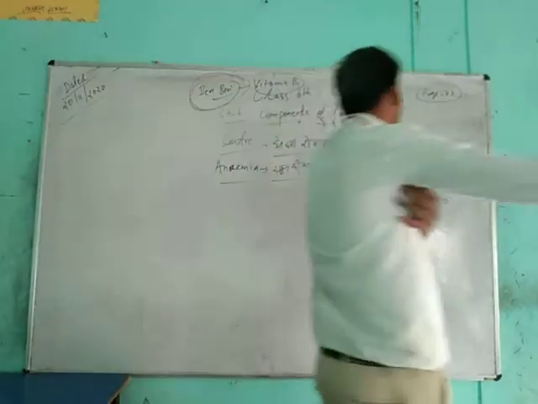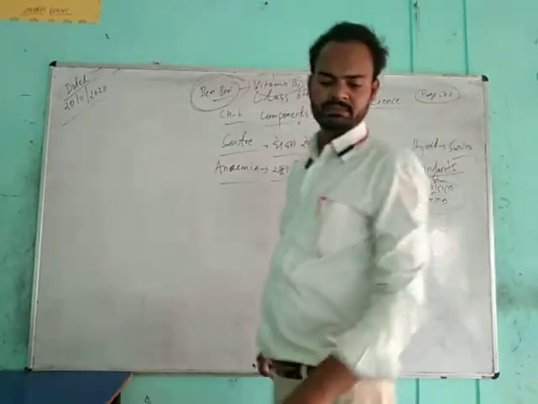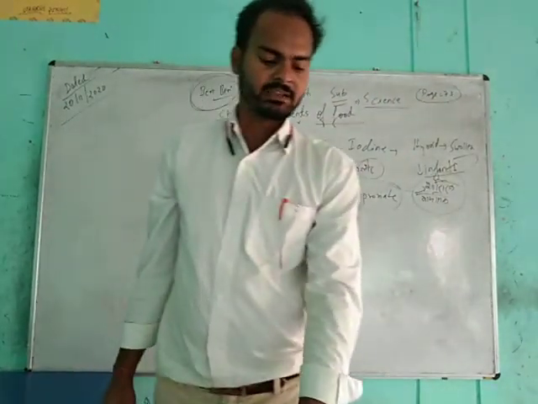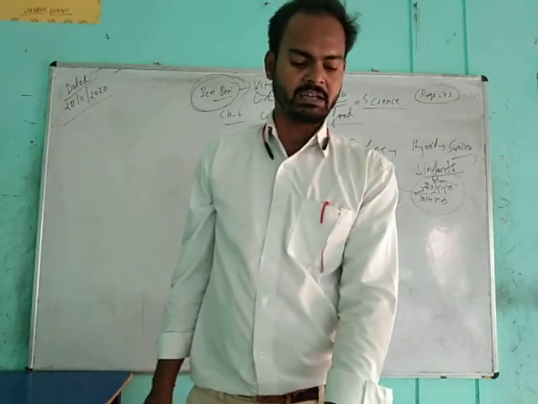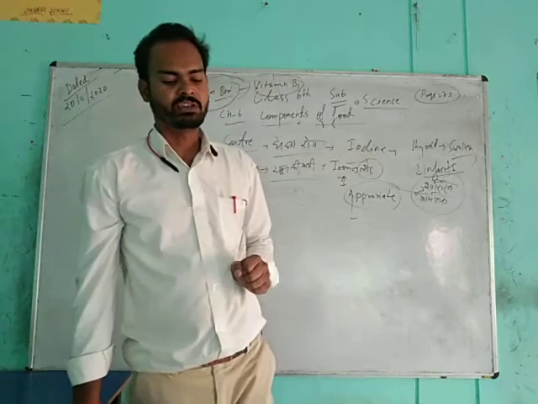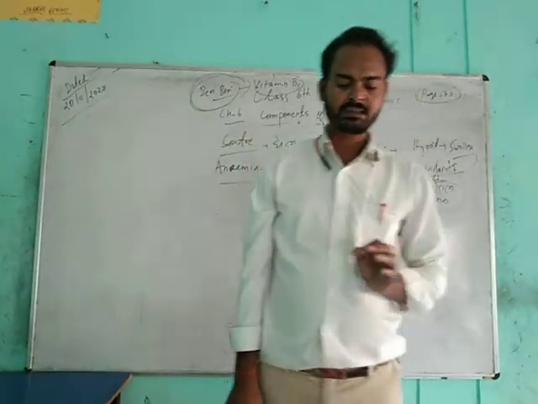And what are the symptoms? The symptom is mainly less oxygen. If we are taking less iron in our body, it decreases the hemoglobin level, and hence reduces the oxygen carrying capacity of blood.